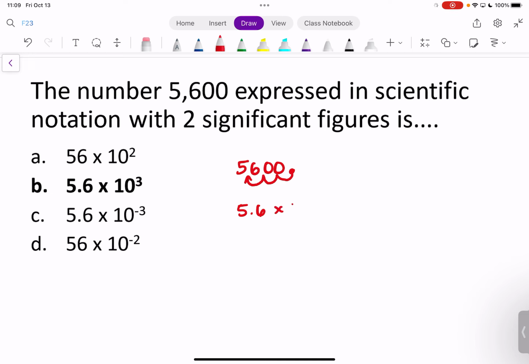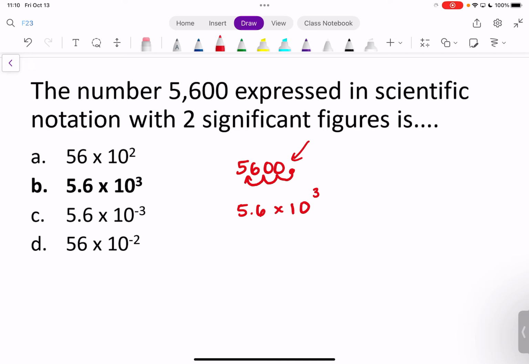So we're going to have times 10 to the something, either -3 or +3. Why is it +3? We're moving the decimal point to the left, and also, this is a large number. 5600 is a large number. We're not trying to change this number, so when you plug in 5600 or 5.6 times 10 to the 3 in your calculator, you should get the same number.